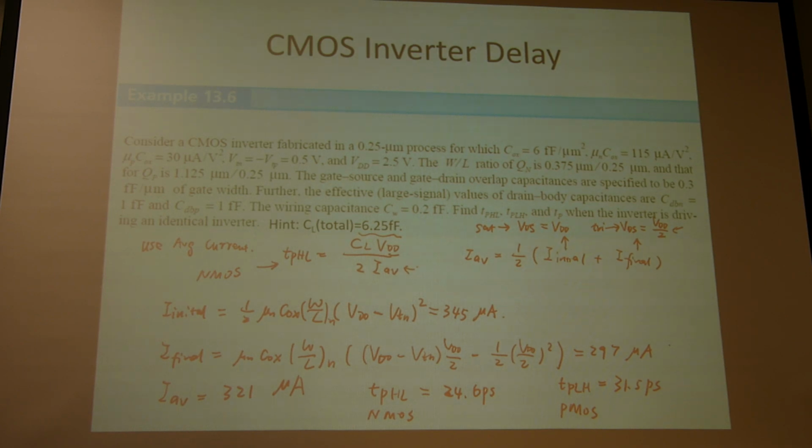So the high to low transition is faster than the low to high in this example. But on average, you get TP, which is the average of those two. That will give you 28 picoseconds if you average those two.